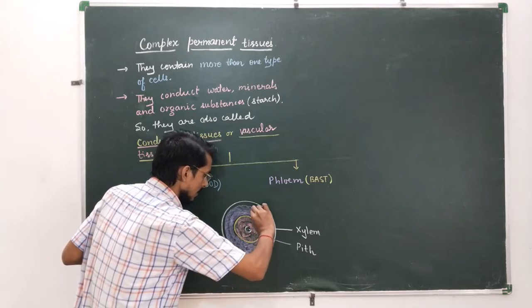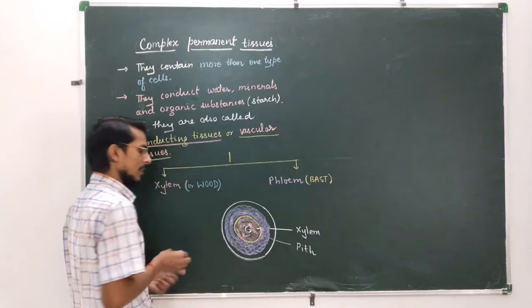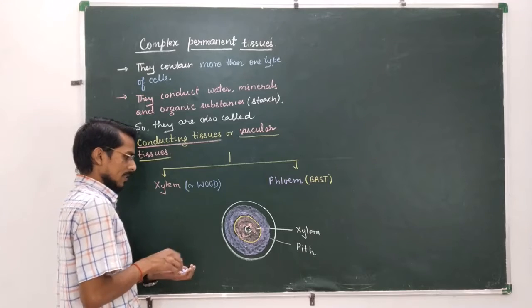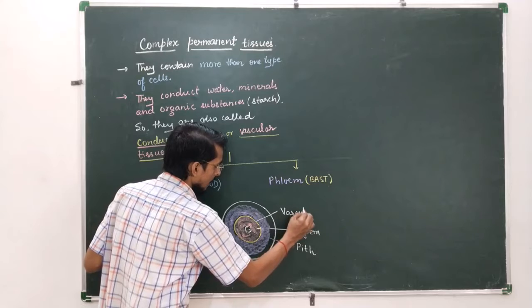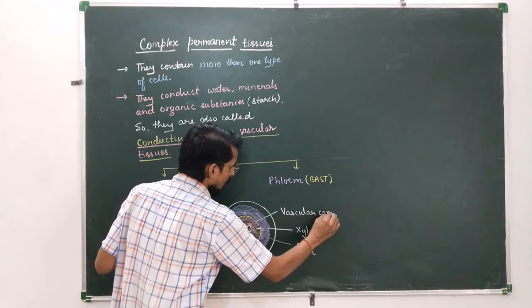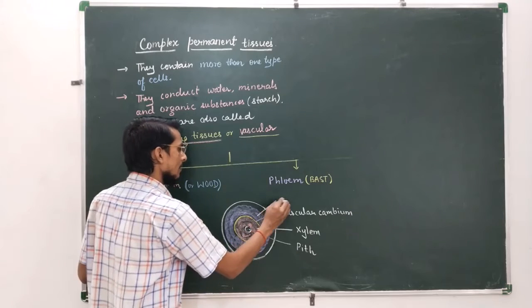So this part is phloem. Okay. So let us mention here, this is vascular cambium and this is phloem.